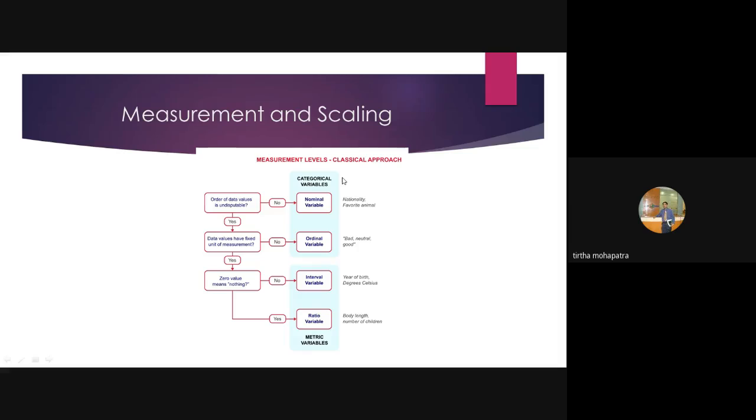Now what I have done is assign weightage to that ranking.